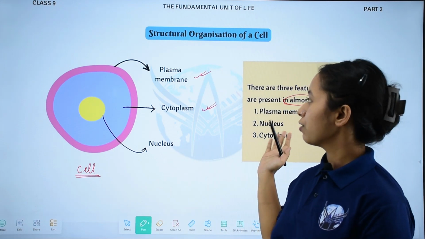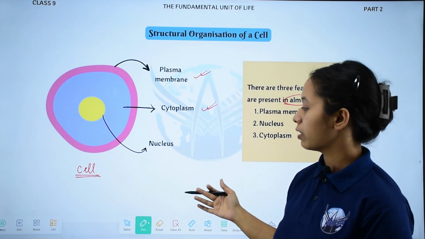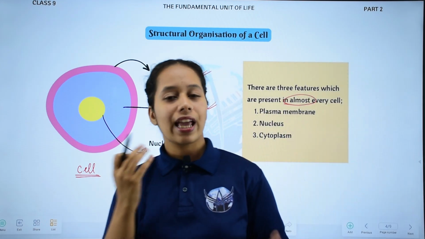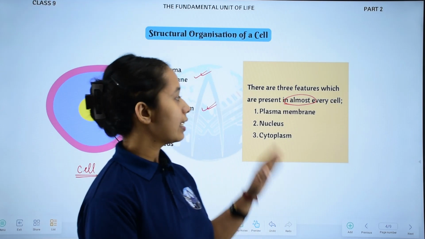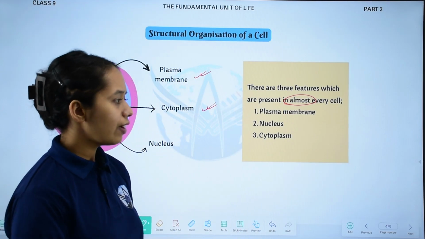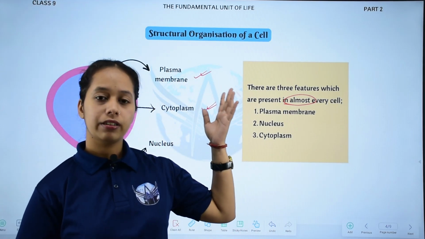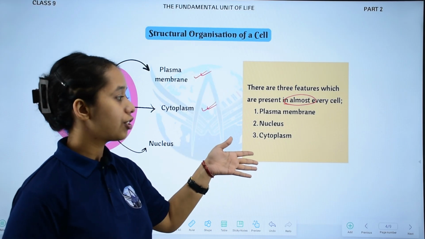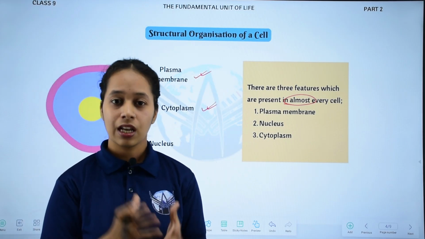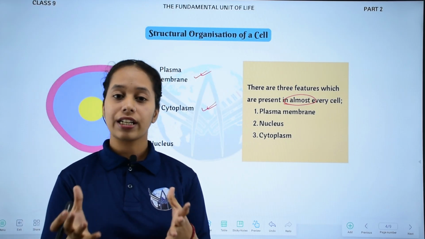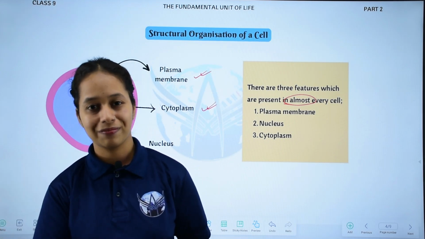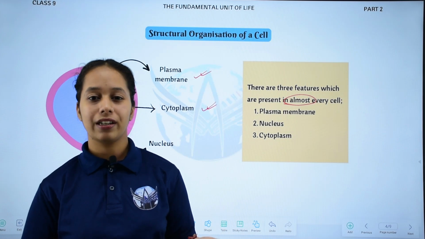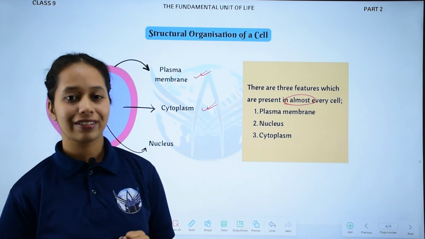So the 3 features are plasma membrane, cytoplasm and nucleus, and in almost every cell, irrespective of shape and size, we will find these 3 features. It is because of the presence of these three features that interaction within a cell and interaction of a cell with the outside environment is possible. Okay, so shall we start with the plasma membrane? Let's do it.